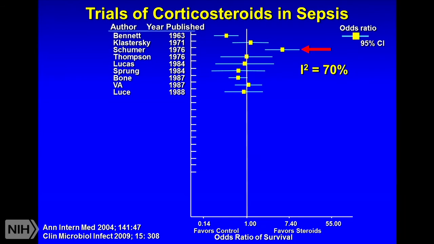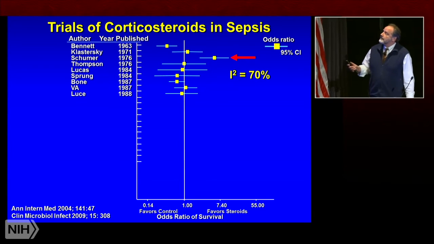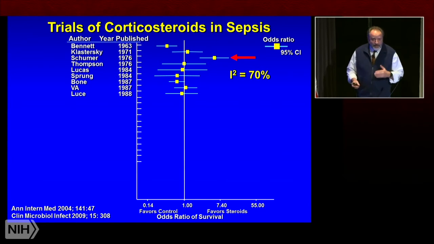Well, this study was a single center, unblinded study done by a single surgeon over 10 years, and he was running an observational study and a randomized controlled trial at the same time. I'm sorry to say that we actually changed our care and started doing this treatment based on this study at the NIH.